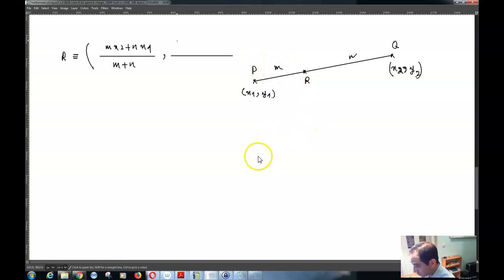So what they do over here is that, as a given, we have triangle ABC and the line DE intersecting AB at D and AC at E, such that AD to DB is equal to AE to EC. So this is the situation that we have.